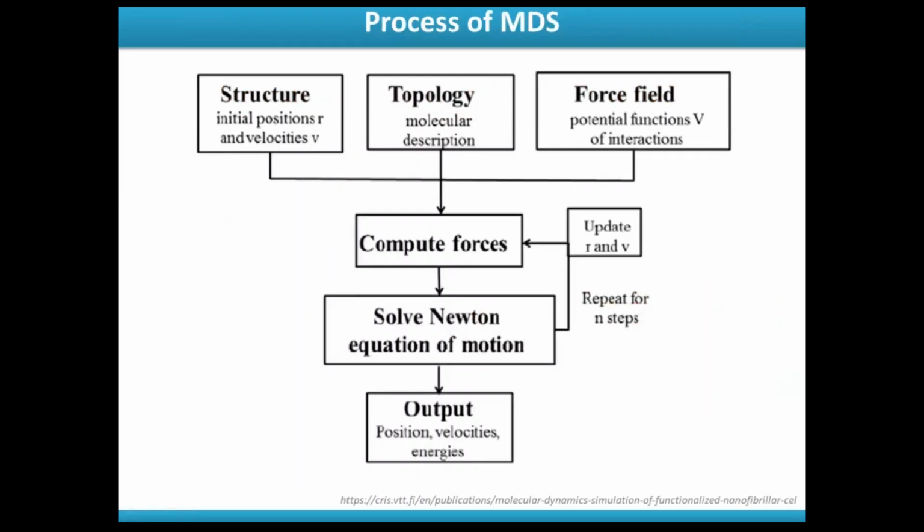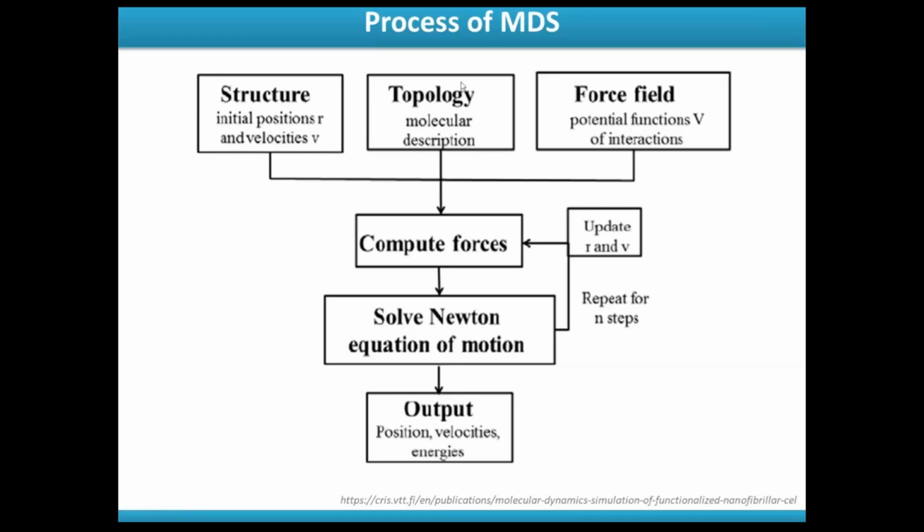So in the process of molecular dynamic simulation, there are several steps involved. The initial requirement is the initial structures of the protein and the ligand, of course, that we are trying to simulate here. So we should have the initial positions, which are referred to as R, and velocities, which are V. And these will be dependent on the potential energy which is exerted on the initial structure.